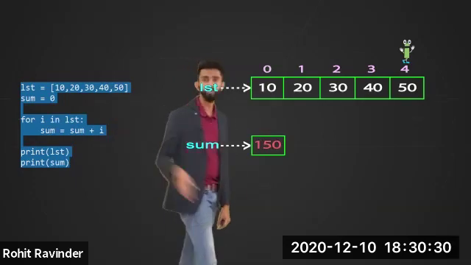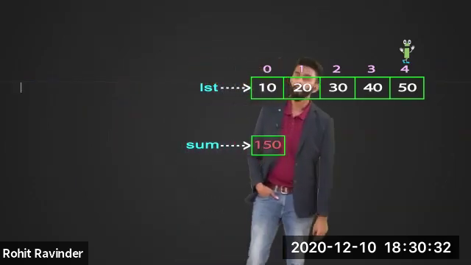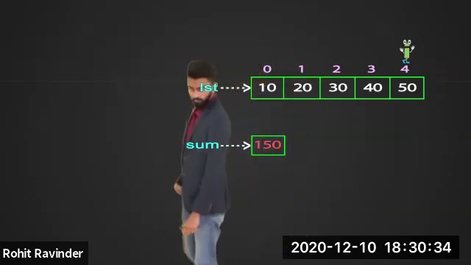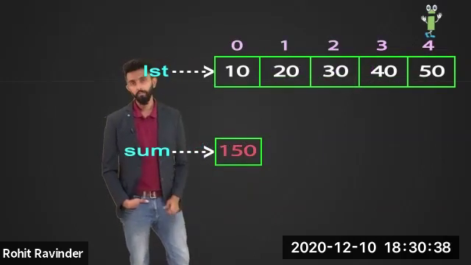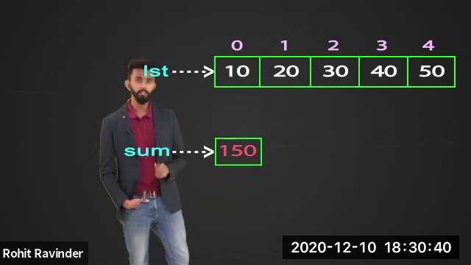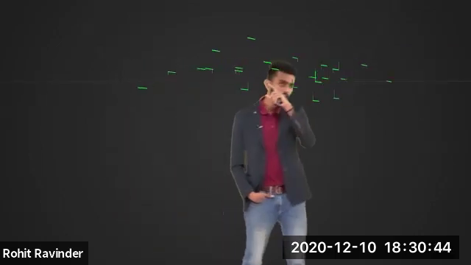So I'll just remove this code. Now, understand. Let us assume like this. I have a list, and look at the contents of this list.